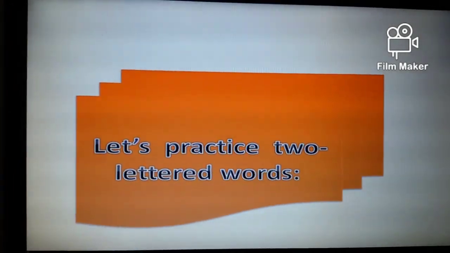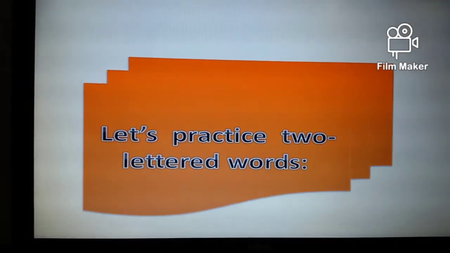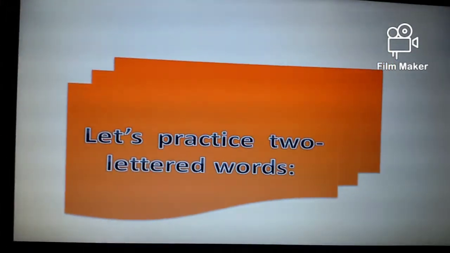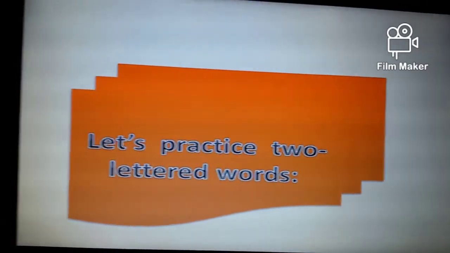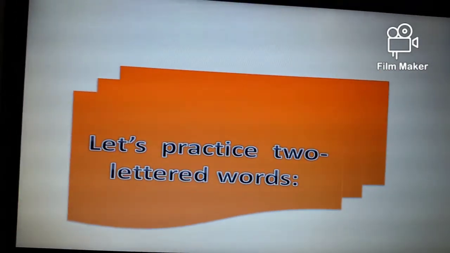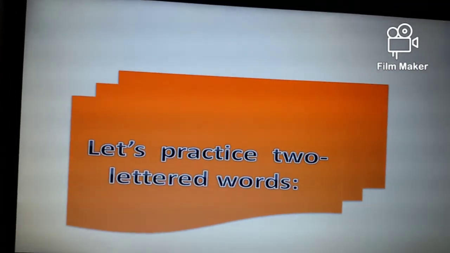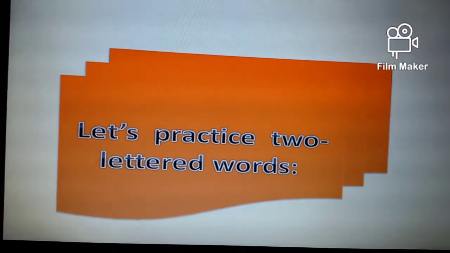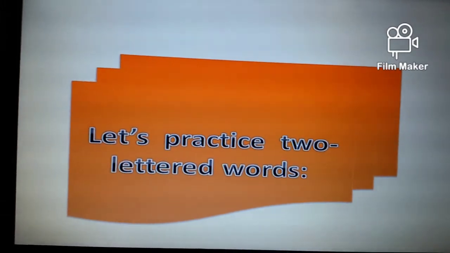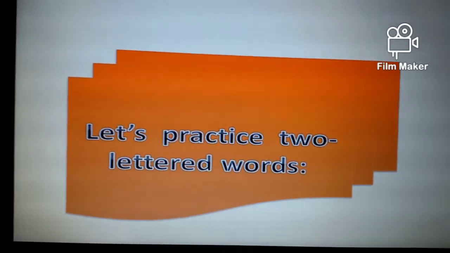Well, you know, I put these letters with the consonant form in two-lettered words. So why that? Because I've mentioned before that we can't pronounce that letter in a consonant form alone.